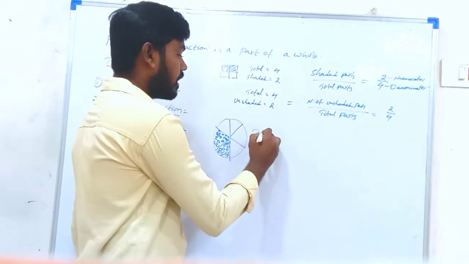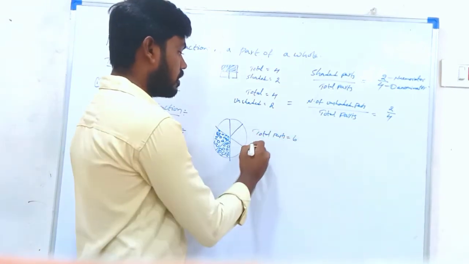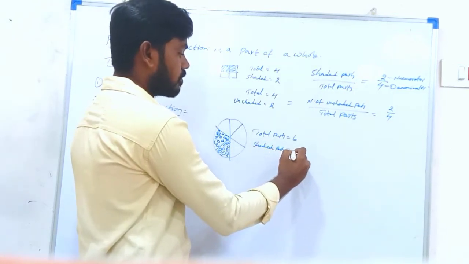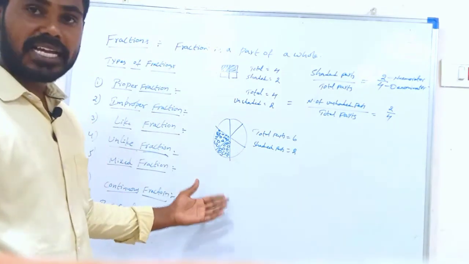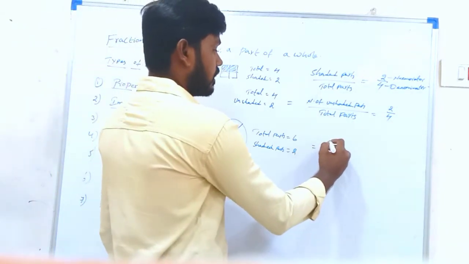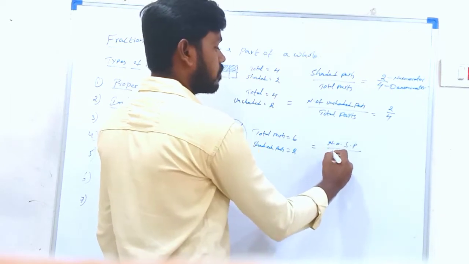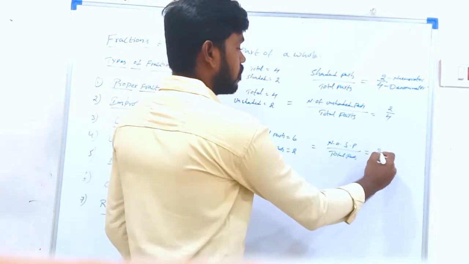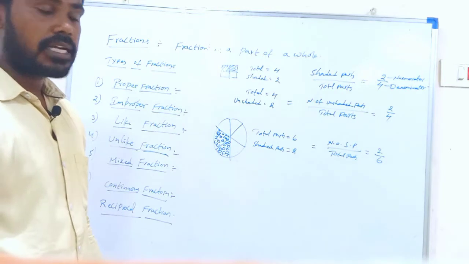Again we take total parts of the given figure, 6, and shaded parts equal to 2. So shaded parts, that is number of shaded parts divided by total parts, equals 2 by 6. It can be expressed as a fraction.